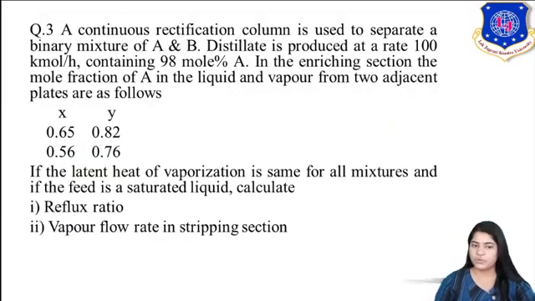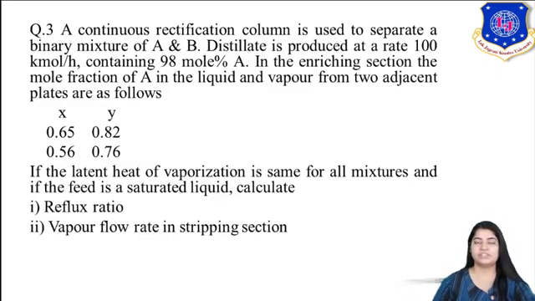Now the third question which can be asked in the exam is: a continuous rectification column is used to separate a binary mixture of A and B. Distillate flow rate is given as 100 kmol per hour and its composition is 98 mole %. In the enriching section, the mole fractions of A in liquid and vapor from two adjacent plates are given.